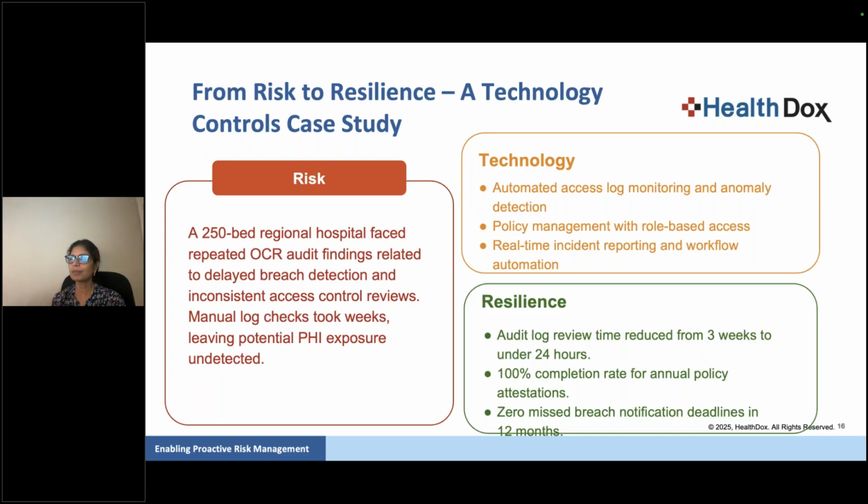This transformation moved them from a reactive risk posture to a totally proactive, resilient compliance framework. This aligned perfectly with HIPAA's technical safeguards. So they took it to heart and implemented it so that they don't run into a similar issue in future.